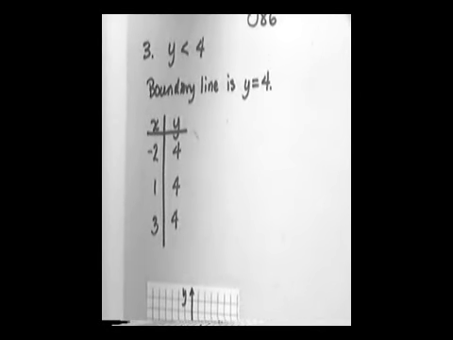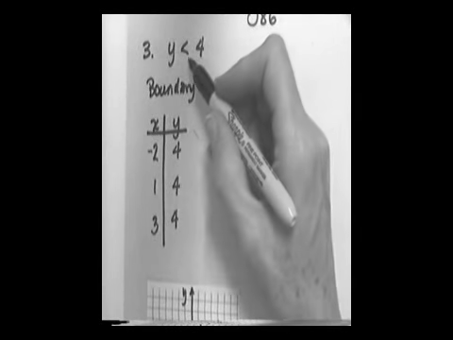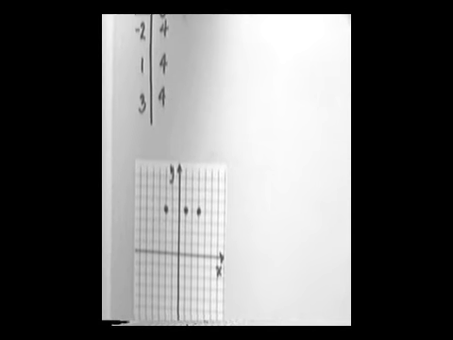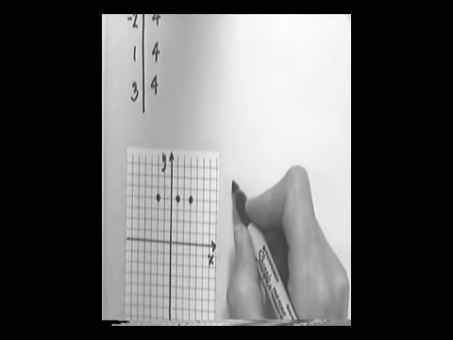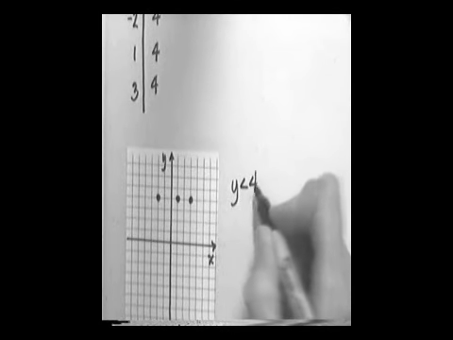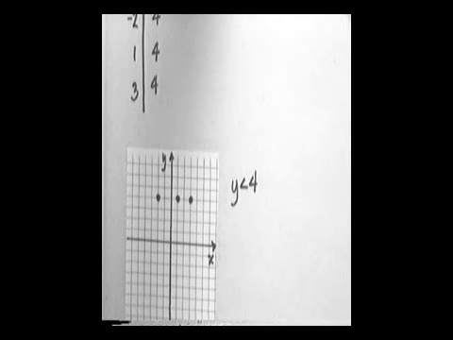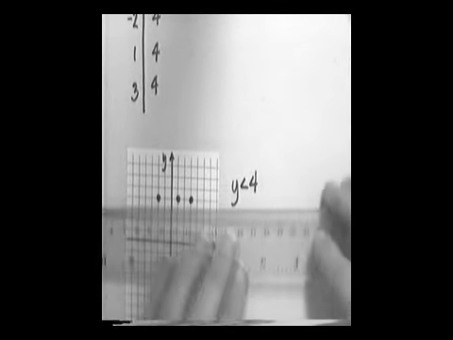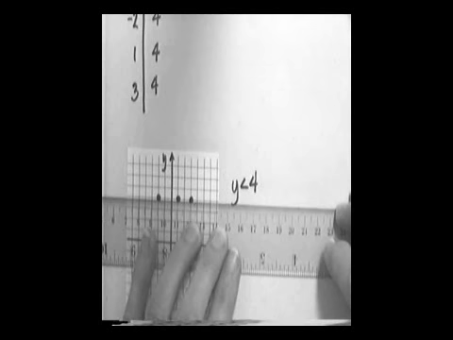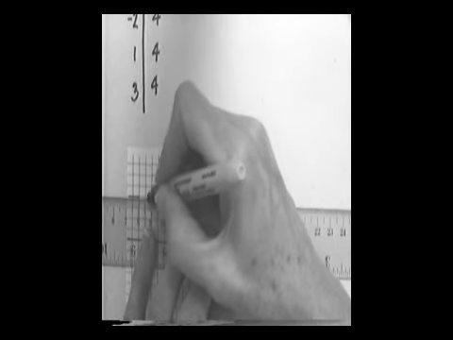Back to the inequality. Y is less than 4. Notice the equals is not included. And so we're going to graph y is less than 4 with a dotted boundary line. So the dotted boundary line, the dotted horizontal line.